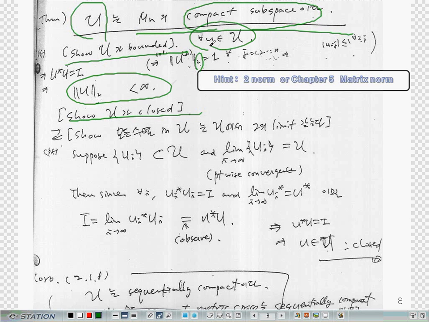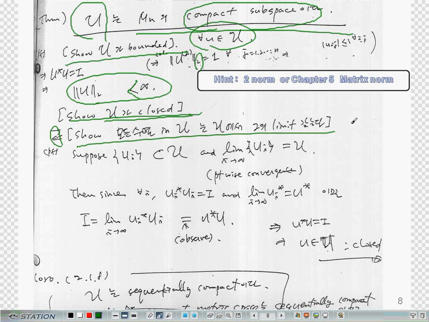Any unitary matrix in that group is bounded with the L2 norm, and also the set of all unitary matrices is closed.